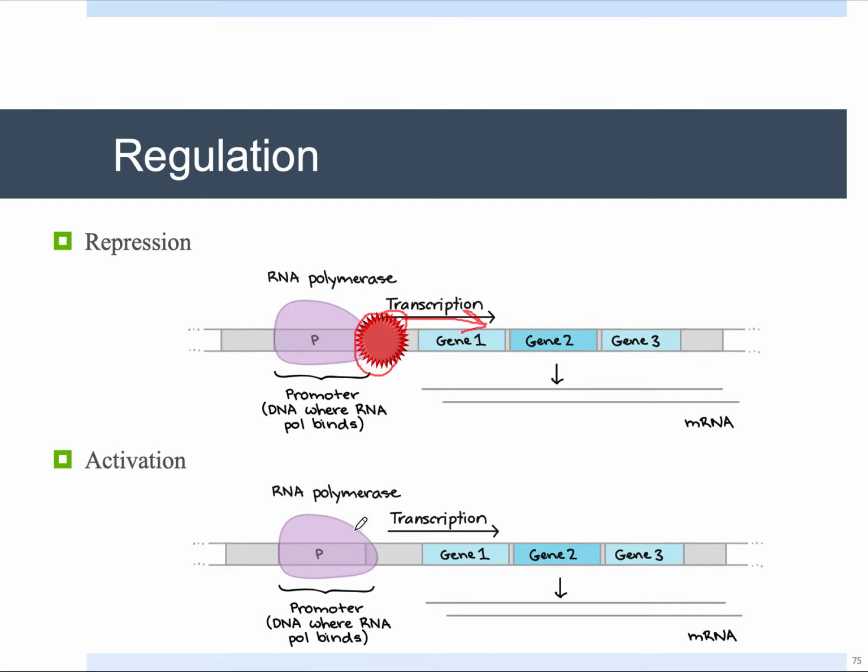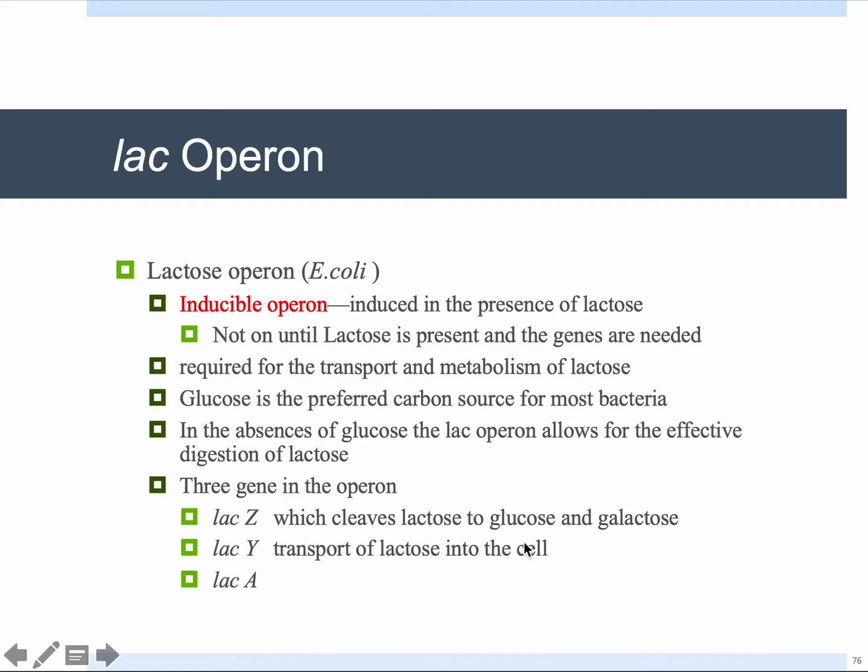Or you would have a molecule that would attach to the polymerase behind it and activate it, cause it to start the process of transcription. So an operon can be repressed or it can be activated.